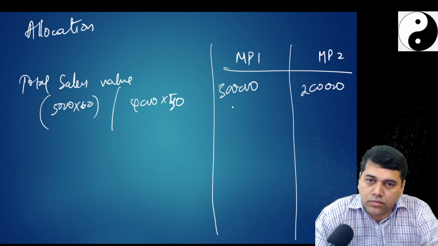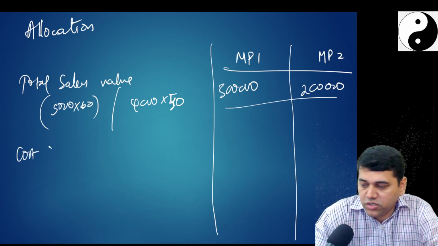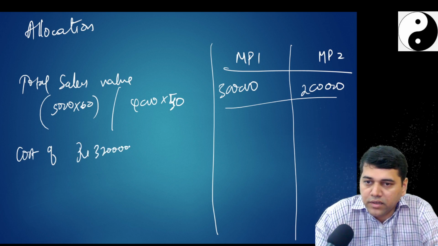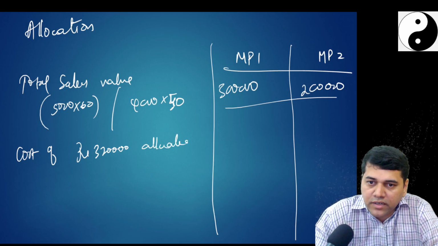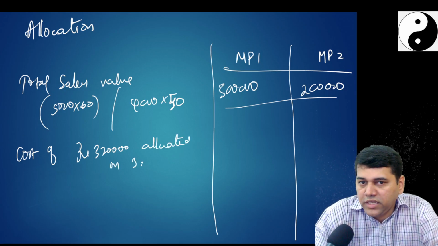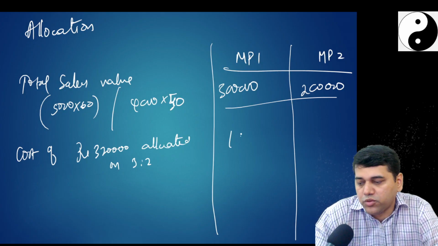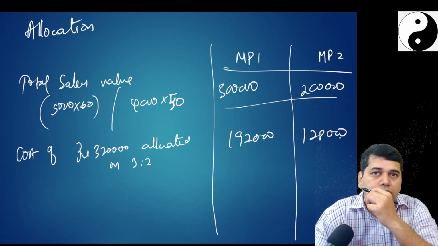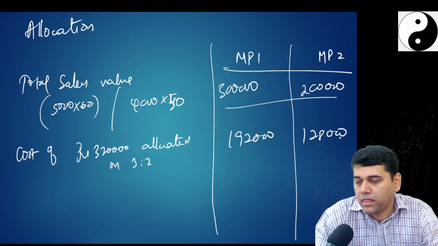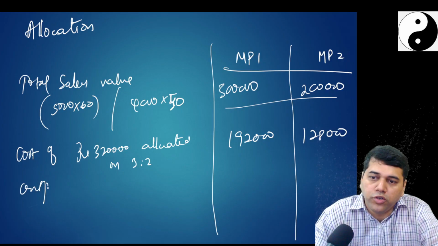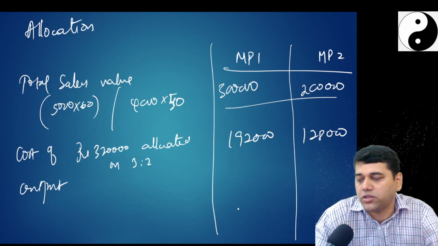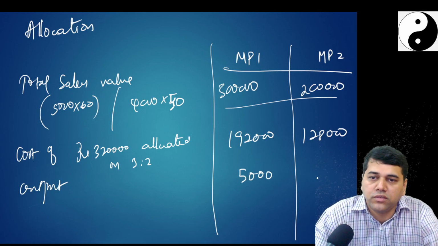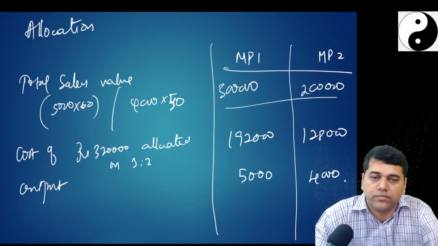So, cost of rupees 3,20,000 allocated on 3:2. So, it comes to 1,92,000 and 1,28,000. What is your output? There was no opening stock. So, you produced 5,000, and you produced 4,000.